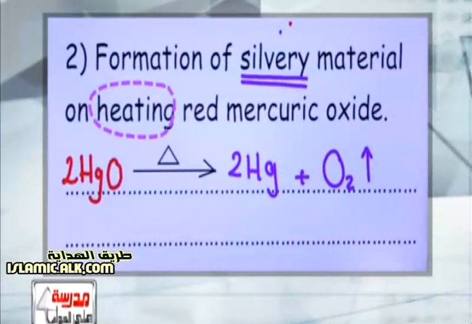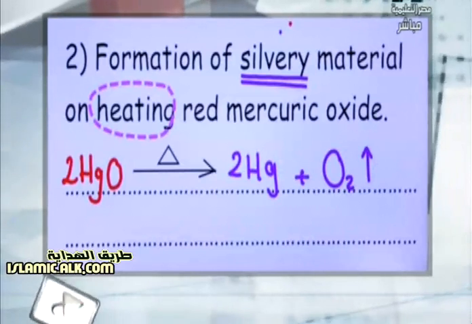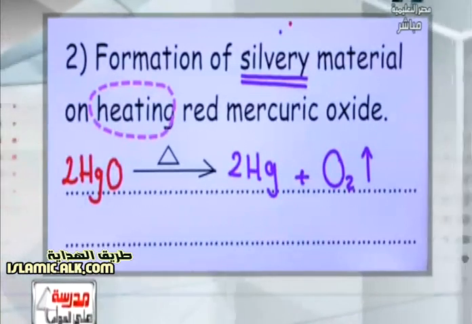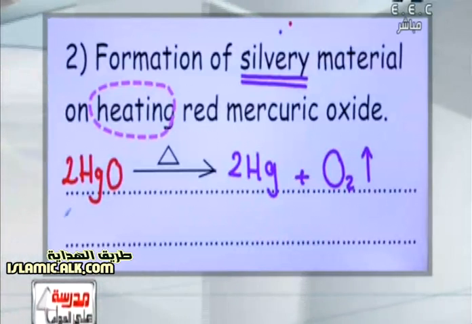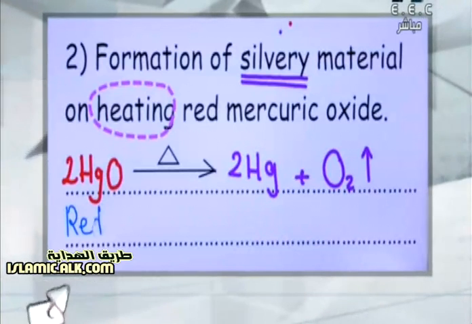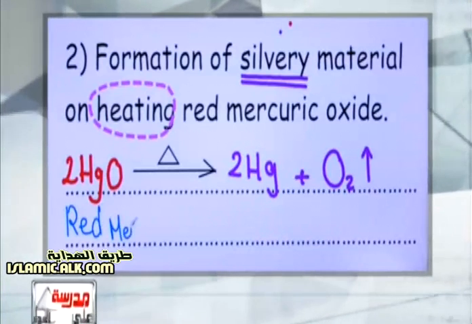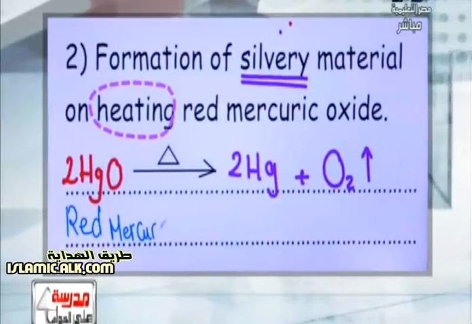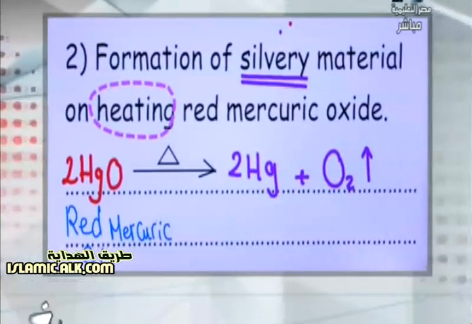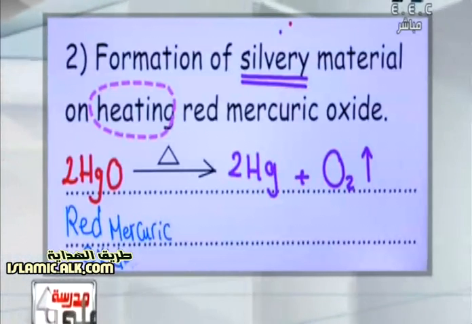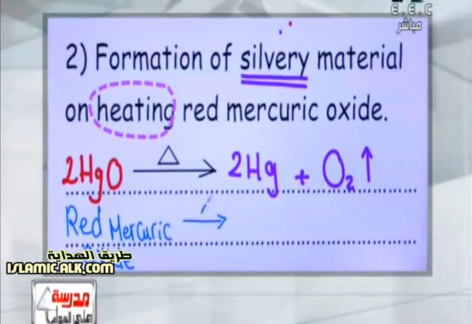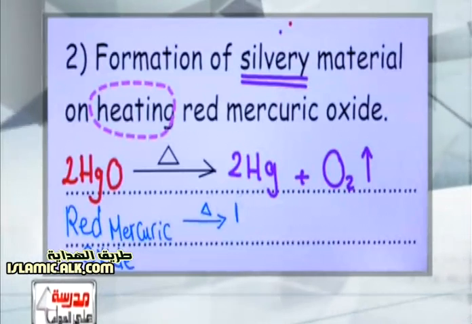We can also write the names of these substances: red mercuric oxide, by heating, forming mercury.